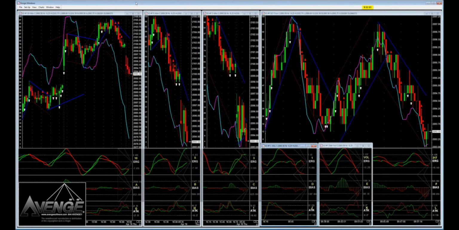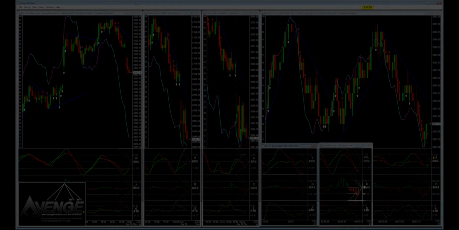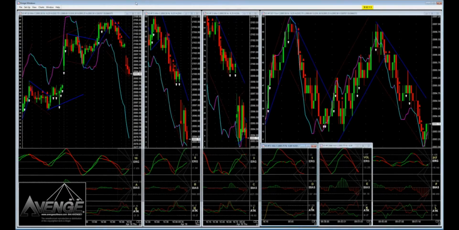In terms of the EK scalp setup, we want to see the strength of the spike of the E and the attack of the K. If we're looking at a buy scenario, spiking upwards of the E and spiking upwards, as it is right now, of that green K attack to cross that red line.